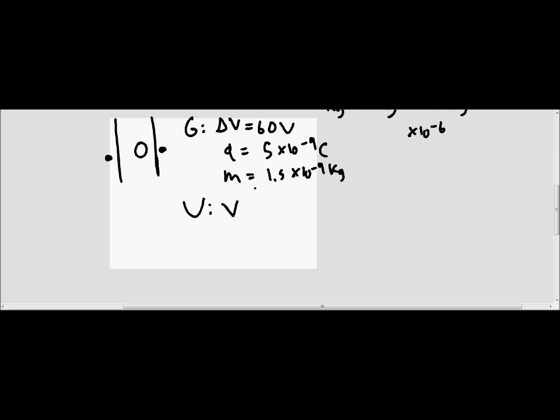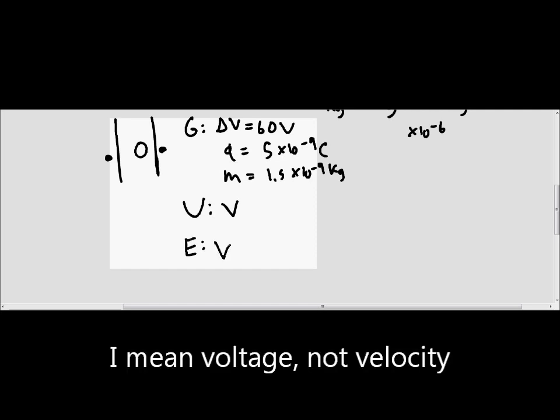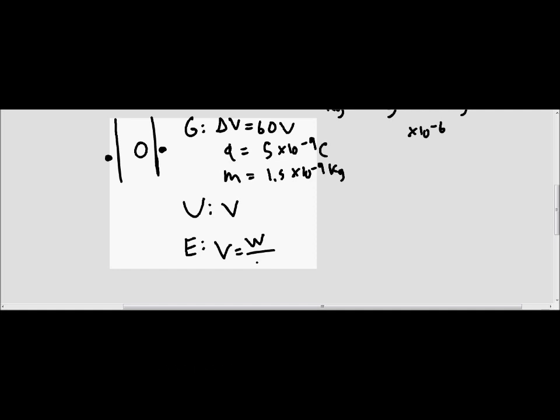I know there's two v's in this, but we want the velocity of this particle when it hits the other plate. The equation we're going to use is that the voltage is equal to work over charge.